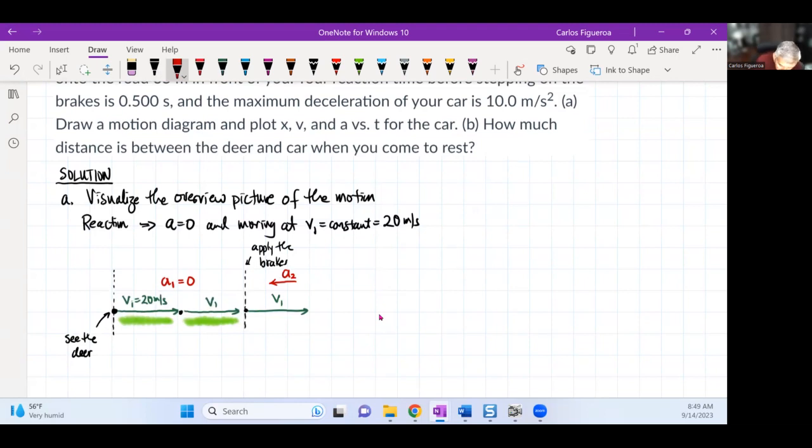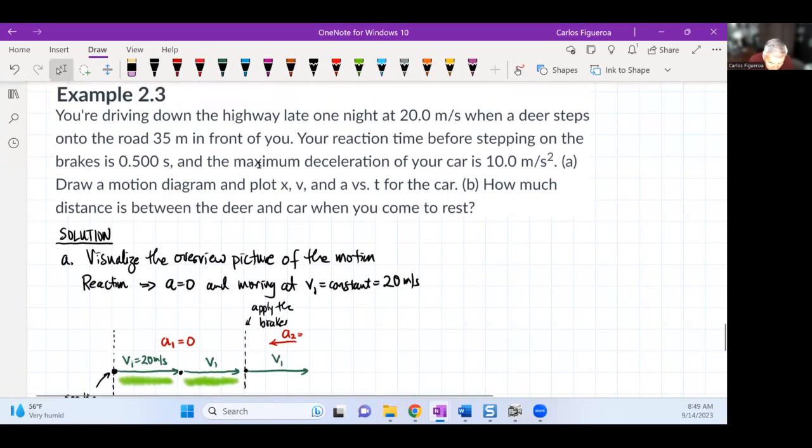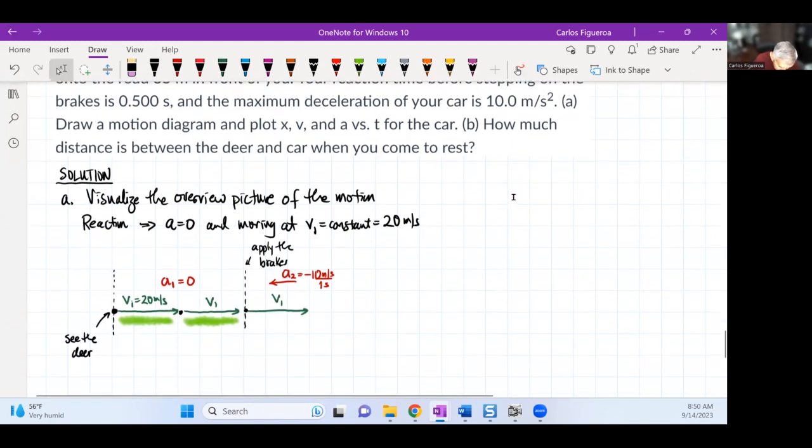That acceleration tells us I have a maximum deceleration of 10 meters a second. We know we're slowing down, so this value becomes minus 10 meters per second every 1 second. So what is this region right here? This is my reaction region. This right here is my braking region.